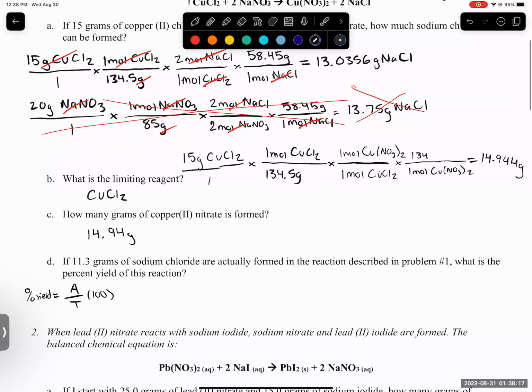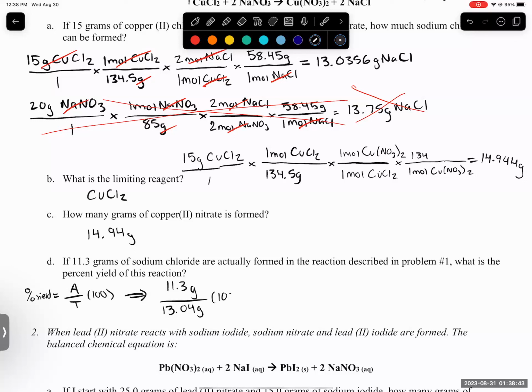All right, so we actually produced how much? 11.3. And we thought we were going to produce how much? Say it loud with your chest. Yeah, 13.0. Let's round that to 13.04 grams.